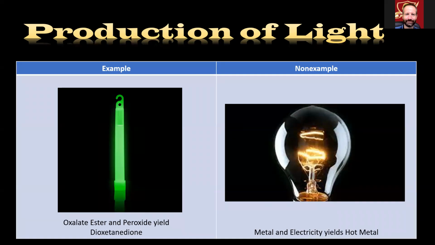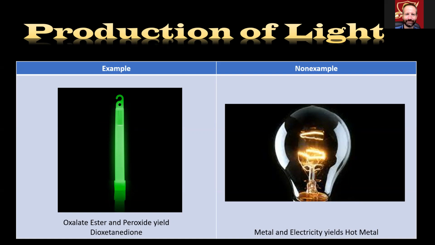Does that sound like a chemical change? No, it's still wire. In fact, most light bulbs are filled with argon to prevent a chemical reaction from happening. Because if a chemical reaction happened, the wire would burn up or disintegrate and you'd have to replace it. So filling them with argon gas actually helps them last longer.